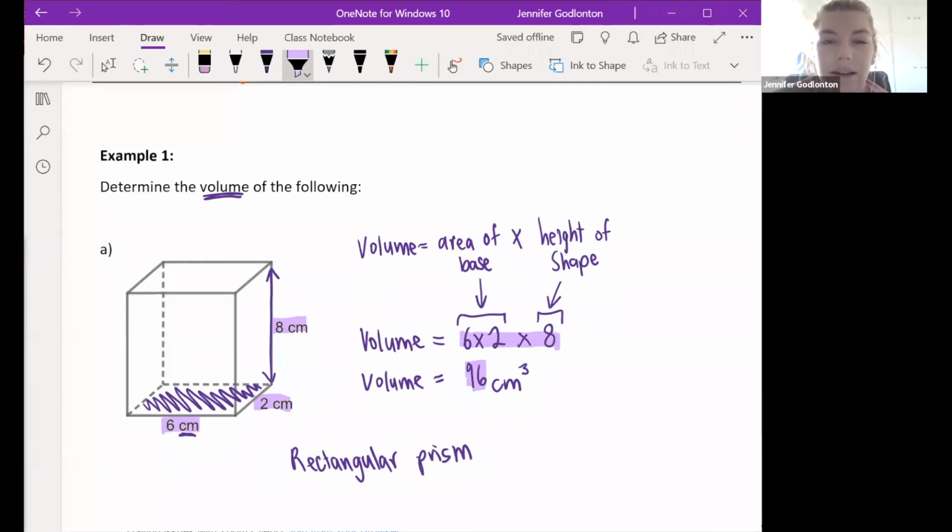Yes, ma'am, but I don't understand why it's cubed. It's cubed because we've got 1 centimeter here, and then we're timesing it by another centimeter there, and by another centimeter there. So we're timesing the 3 different centimeters together, and that's why we land up with centimeters cubed. Thank you, ma'am.